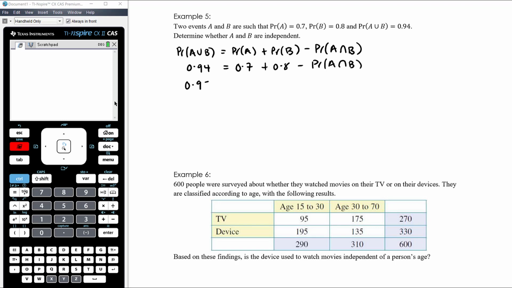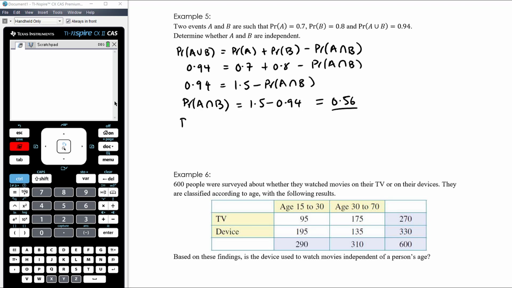So we've got 0.94 is 1.5 minus the probability of A intersection B, and so that means that the probability of A intersection B is going to be 1.5 minus 0.94, which is going to be 0.56.